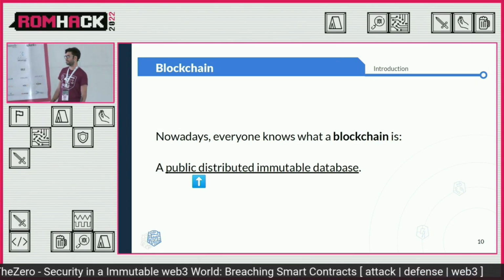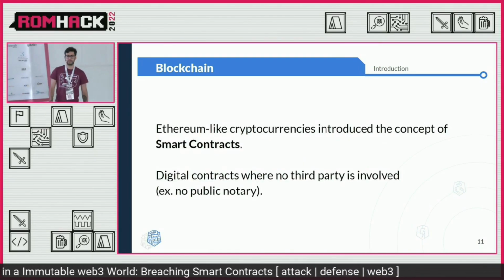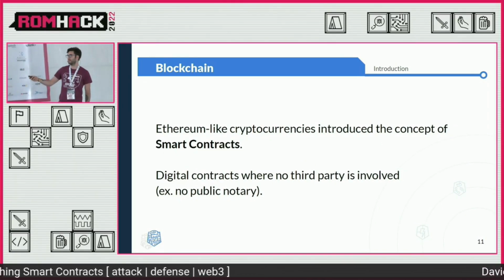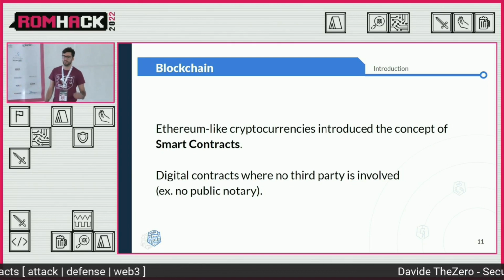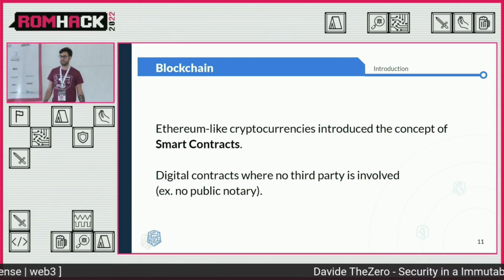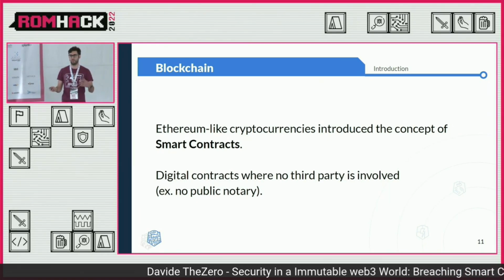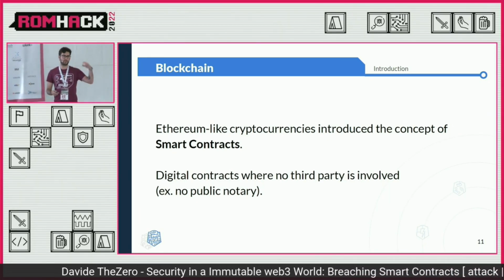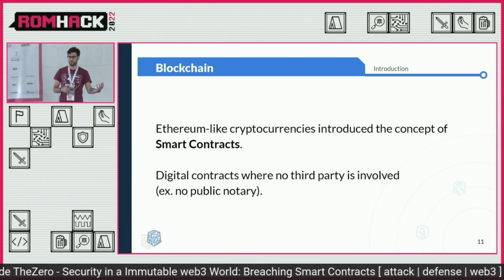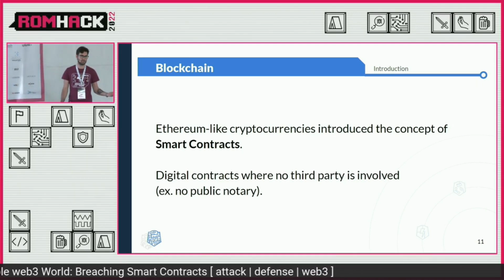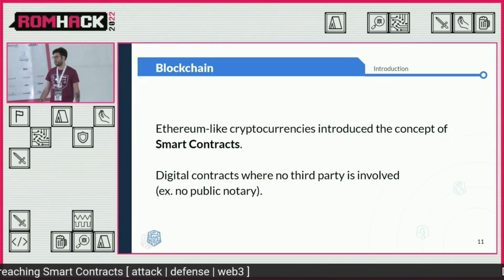And the blockchain started to evolve, and at some point, Ethereum came up with the concept of smart contracts. Smart contracts are like digital contracts between parties without a third party that rules over the contract. So we don't have a public notary like we have in Italy.